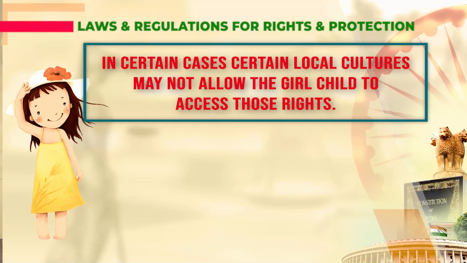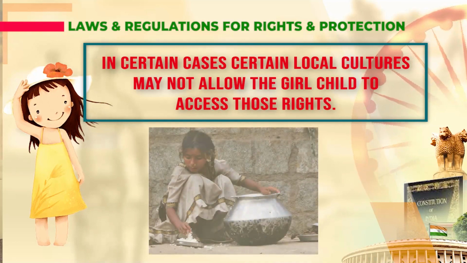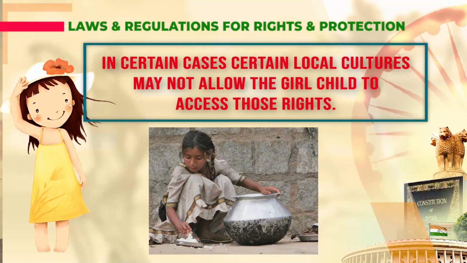This kind of a policy was developed specifically to ensure that the girl child is allowed to be born, the girl child is allowed to develop, and that the girl child is allowed to educate herself and access various opportunities in the public sphere. We must remember that even if legal systems are in place to ensure the rights of the girl child, in certain cases, certain local cultures may not allow the girl child to access those rights.